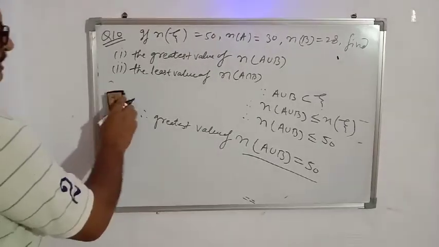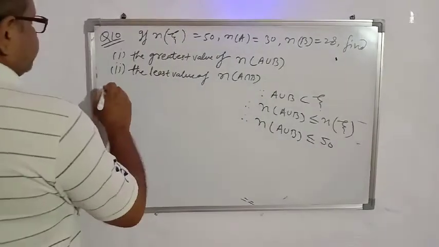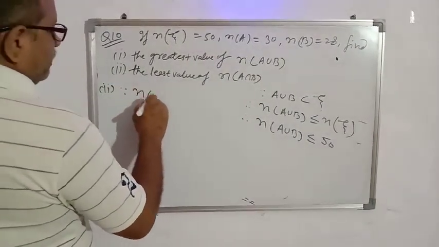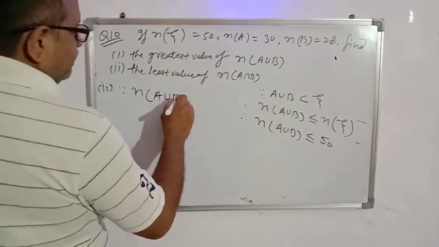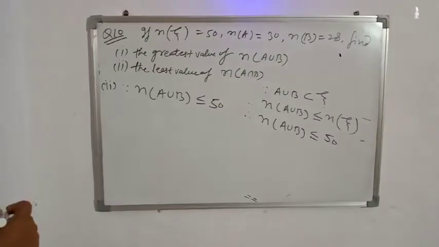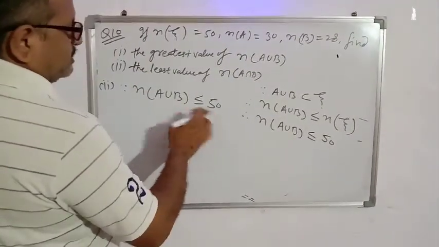Since the cardinal number of A union B is less than or equal to 50, we can write n(A union B) less than or equal to 50.